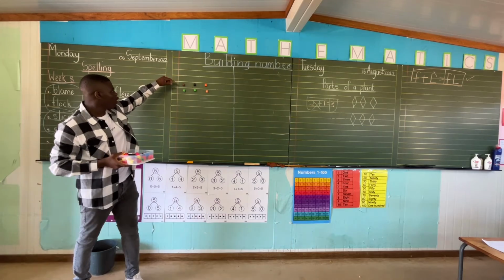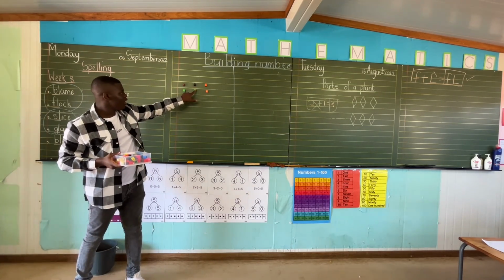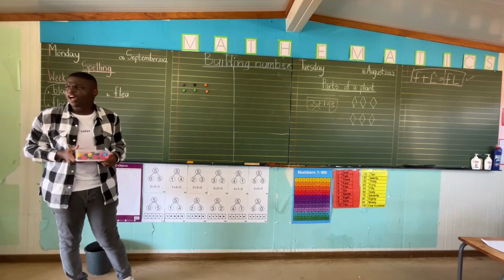So how many do we have now? We have 1, 2, 3, 4, 5, 6. And how many do we have in total?